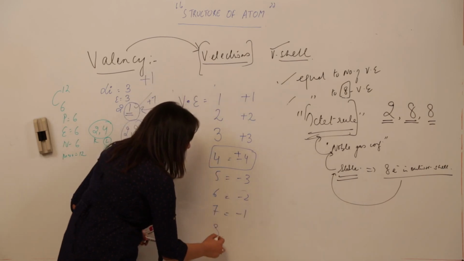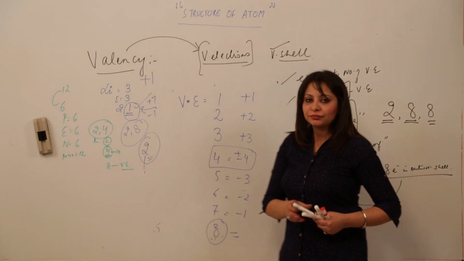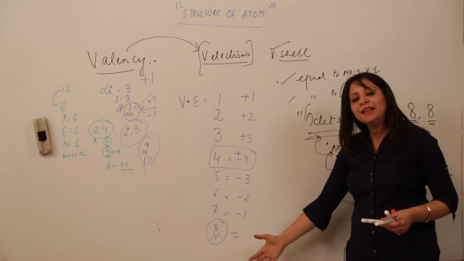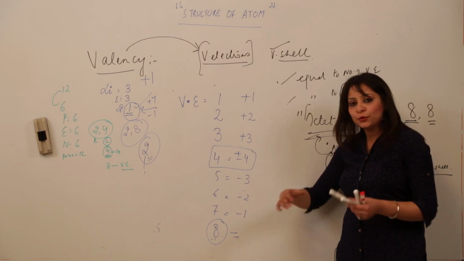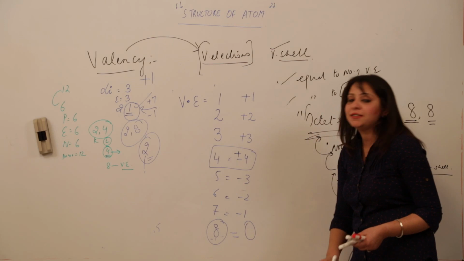And if it is 8, then that means the octet is complete. It already has stability, the noble gas configuration. It doesn't have to lose or gain electrons. So its valency is 0.